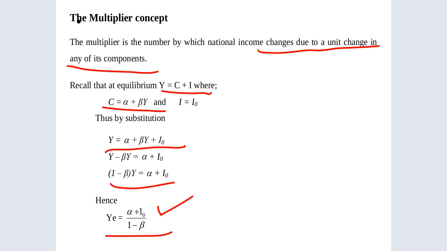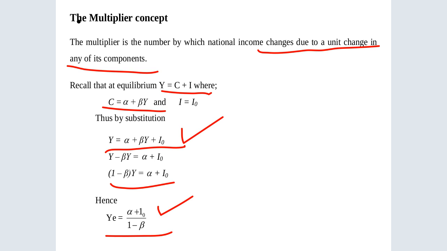Now the multiplier, I said, is the number by which the national income changes due to a unit change in any of these components. So suppose we have this simple expression where the income is made up of investment plus consumption. But consumption is made up of autonomous consumption plus the induced consumption, which means our income is made up of the consumption part plus the investment part.